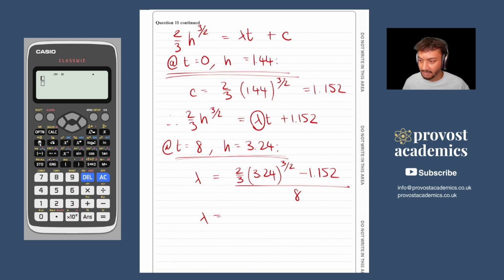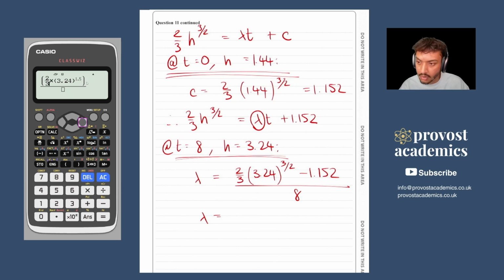All right, that's going to be a pain, isn't it? So 2 over 3, then multiply that with 3.24, and that is to the power of 1.5, minus, so I should actually use another set of brackets, just to be on the safe side.